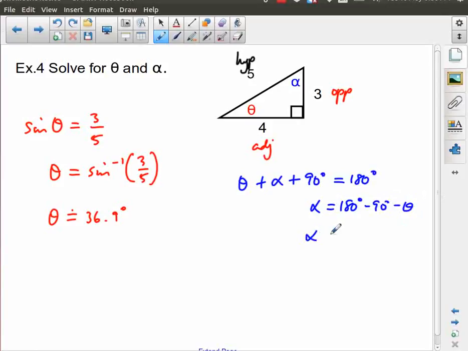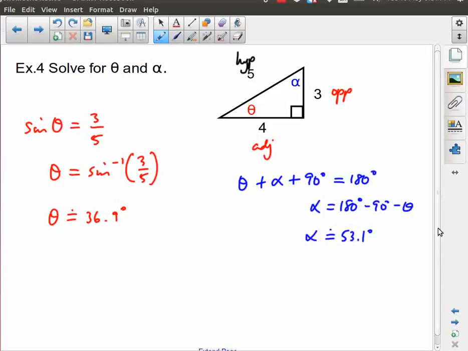So alpha is approximately, and I'm just going to use the theta right off my calculator here, 180 minus 90, which of course is 90, minus the answer to my last calculation, and I end up with 53.1 degrees, and that's approximate.